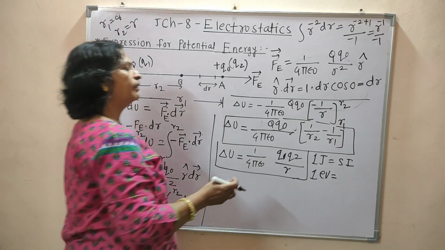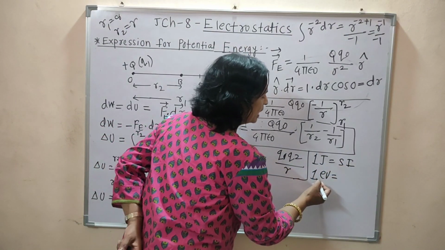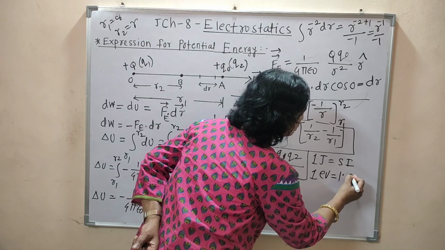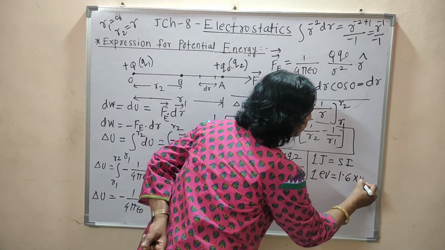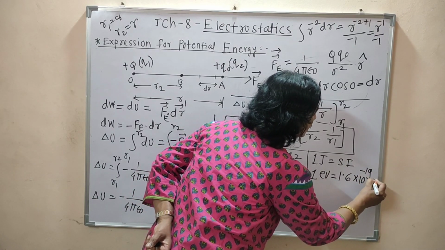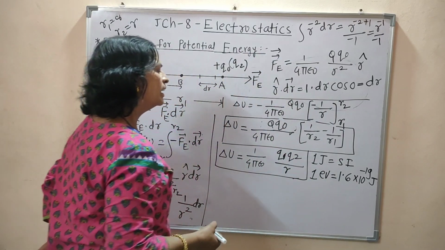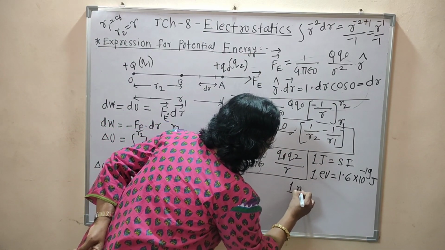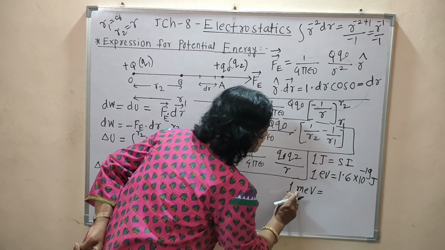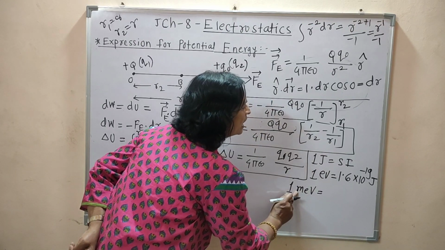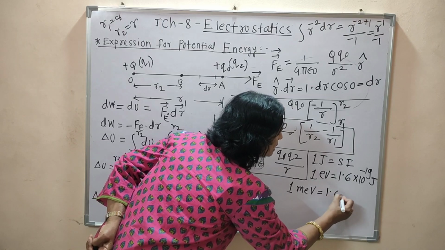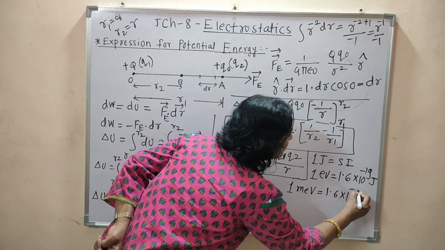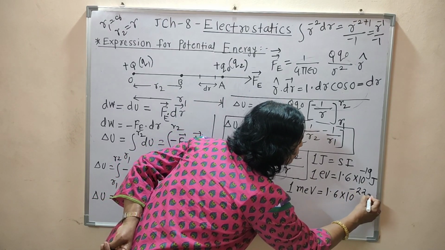Then the relation between electron volt and joule: 1 electron volt is equal to 1.6 into 10 raised to minus 19 joule. Then another unit of this potential energy is 1 milli electron volt. Milli means 10 raised to minus 3, and it becomes 1.6 into 10 raised to minus 22 joule.